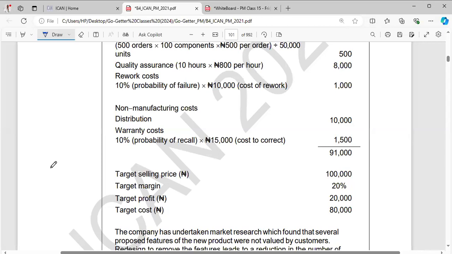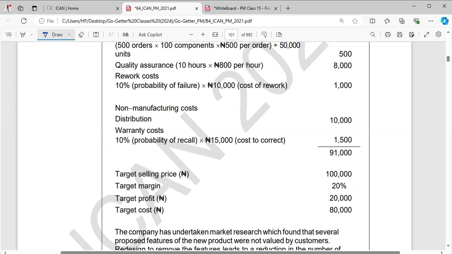They can give you the targets, they can give you the profit margin. Sometimes they might give you the target cost, which is 80,000, and they can give you the target margin, which is 20,000. So how will you do it?